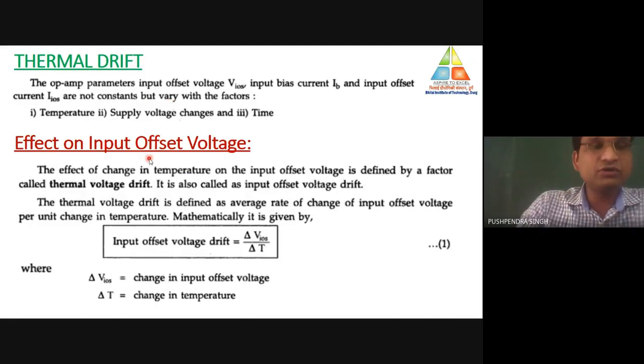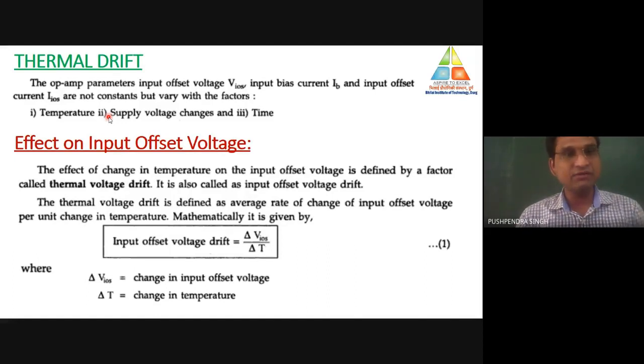So now we are going to see the relationship in output voltage due to change in these parameters with temperature. The first parameter is input offset voltage. The total change in input offset voltage with respect to temperature is called thermal voltage drift or input offset voltage drift.